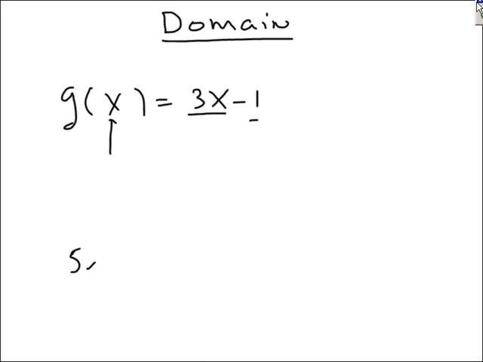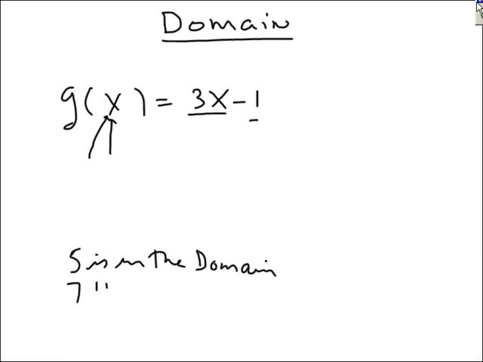For example, if you have g of x is equal to 3x minus 1. If you plug in 5, you can multiply 5 by 3 and you can take away 1. 5 is in the domain. If you can put in 7 and get back an answer, 3 times 7, 21, minus 1, 20.